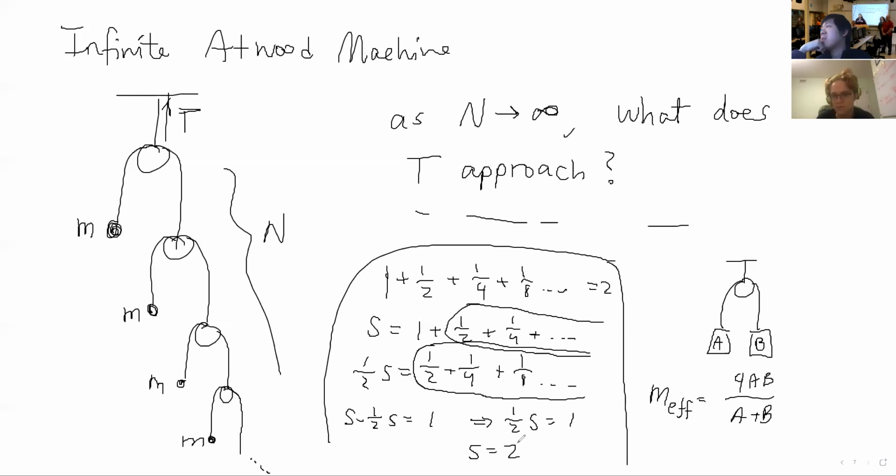Substitute P of X on the inside. What's P of X? The effective mass of the final. All right, we're getting somewhere.